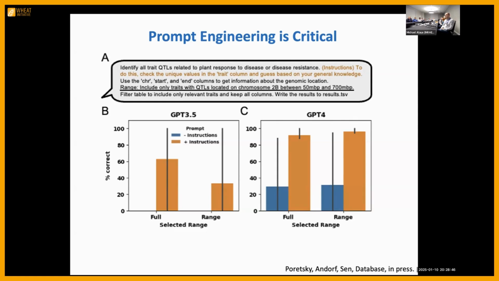We tested whether this makes any difference, and yes, it does. If you look at GPT-4, full and range will be the underlined area, orange is with the instructions and blue is without the instructions. You can see that the number of correct answers is so different when you ask the right question or if you provide additional information.